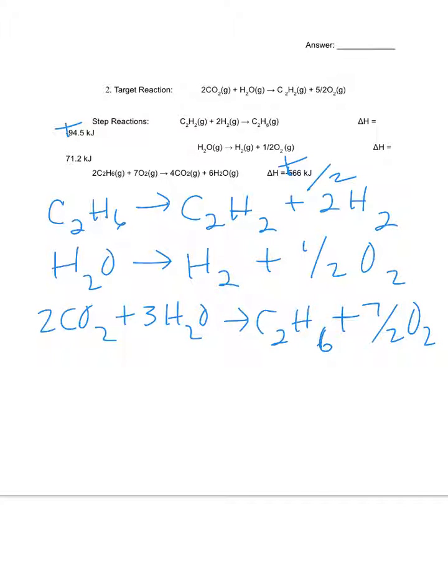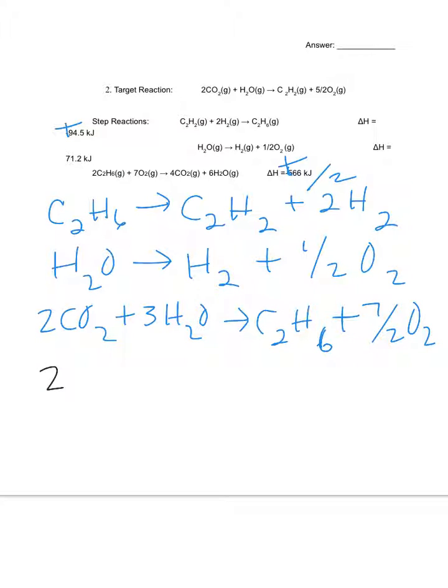So what we notice that needs to happen is, 1, we need to flip that reaction. And we need enough H2 to cancel out the H2 in the very first reaction. So what we're going to do is we're going to flip it. And we're actually going to have to multiply this one by 2. So I'm going to write it in a different color so that you see the flipping.